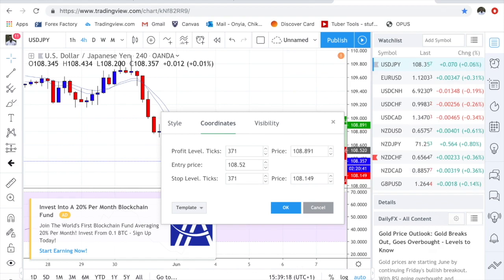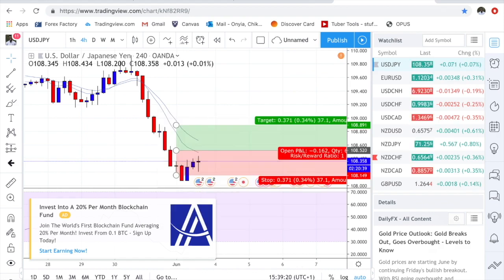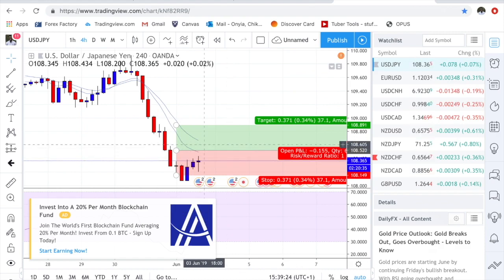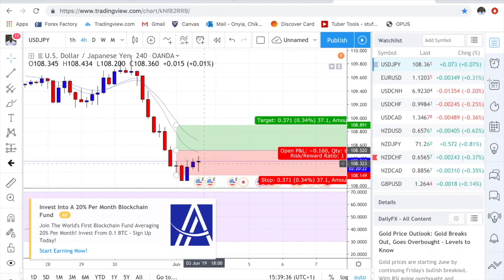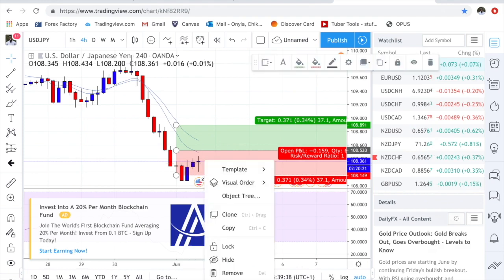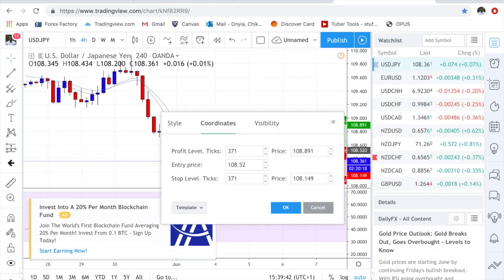Now, the exact opposite happens. Let's say it hits the gray line, so you enter the trade, but then it goes the opposite way after it hits your gray line, and starts going back downwards, all the way into the red area and hits the bottom of the red area. Then that's what we call your stop loss. Your stop loss is the point where you stop making losses, essentially.